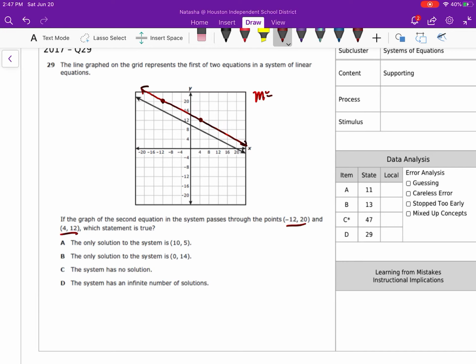I'm going to find the slope of the two points that I was given using my slope formula.